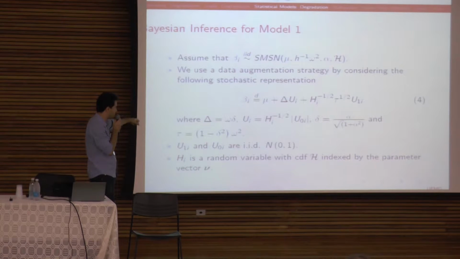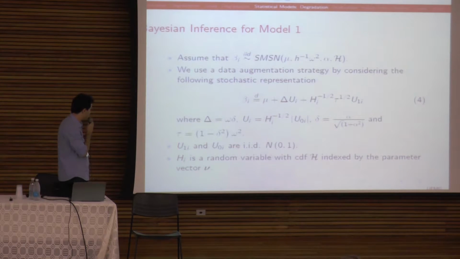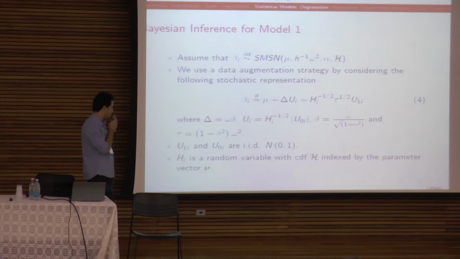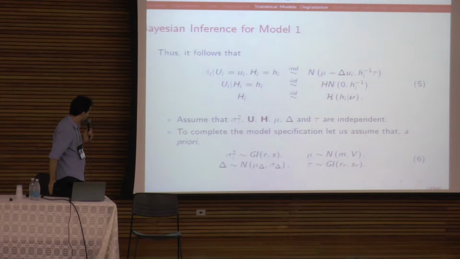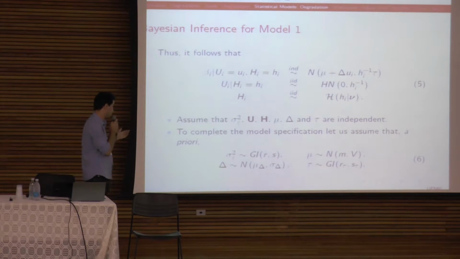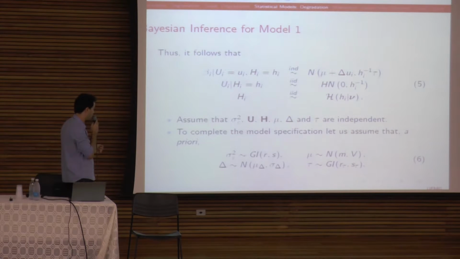Victor Lachos likes to use this parameterization a lot. U1 and U0 are IID normal 0, 1. H is a random variable with that measure that we choose to mix the model. It has the parameter nu. Then if we write it conditionally, we have this hierarchical representation.